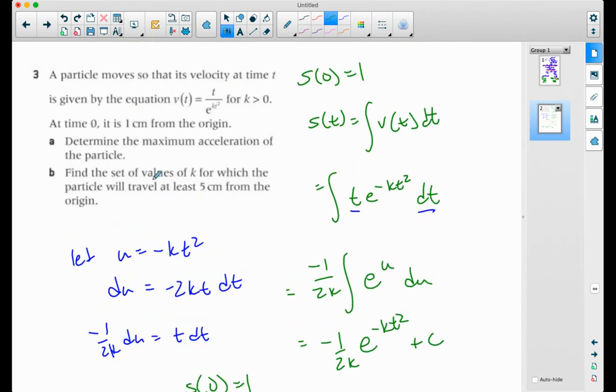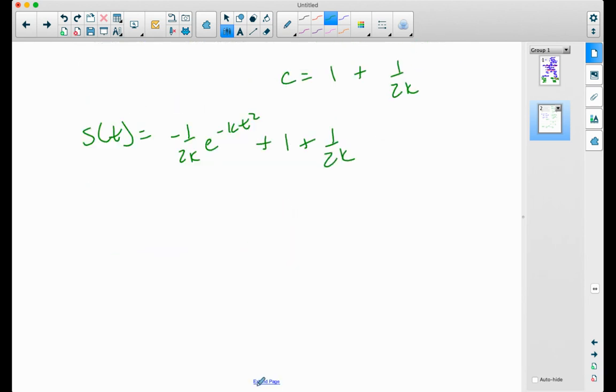Now the question is asking for which values of k will the particle travel at least 5 meters. Well, I have to think about, as k changes, the function changes, I want the maximum to be at least 5. That's another way to think about this question. If the maximum is 4.5, then we don't want that case.